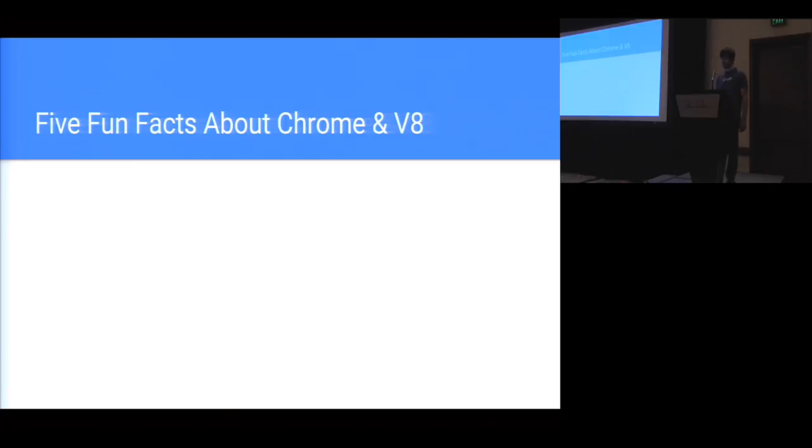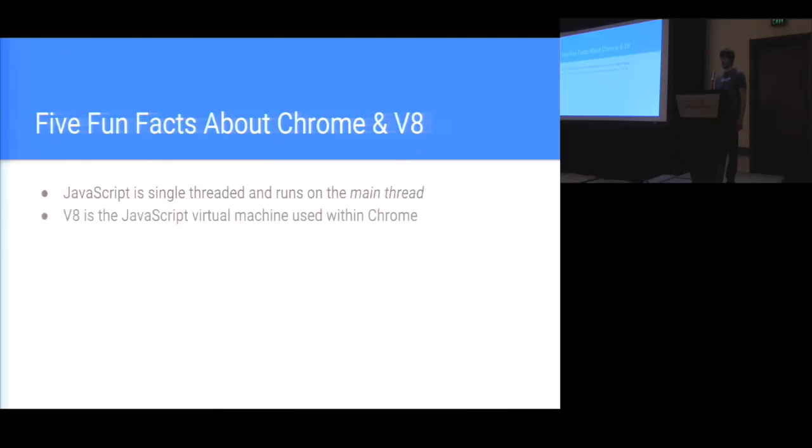It works on the garbage collector. JavaScript runs on what is called the main thread in Chromium. It executes JavaScript, and this is also used by Node.js, a very popular JavaScript framework.